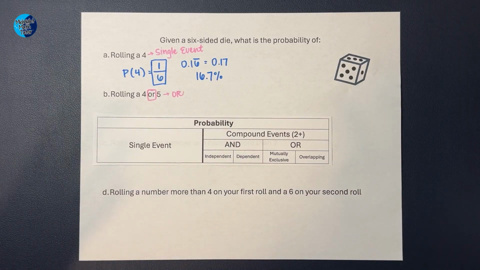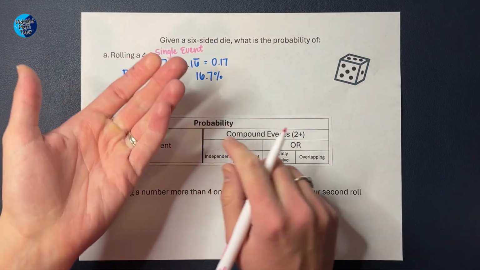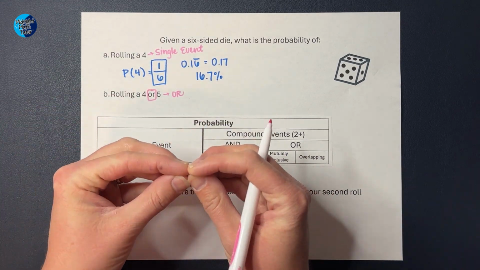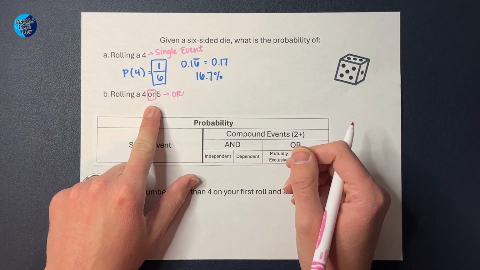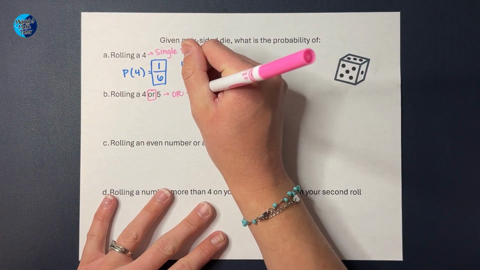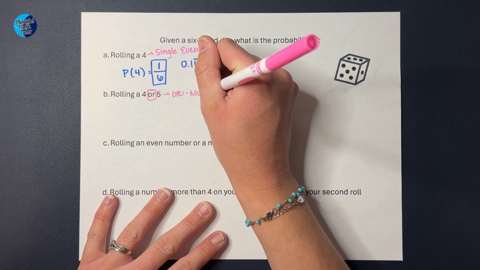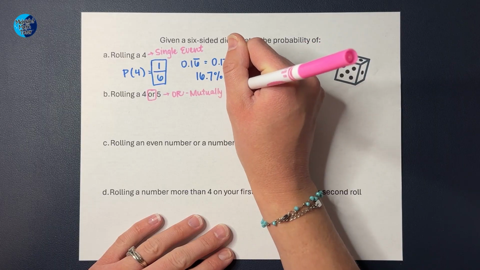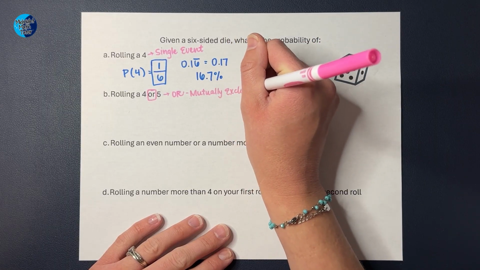So in order to tell, I just need to ask myself, could I roll the die and get a 4 and a 5 rolling the dice once? I can't, right? So that means that this is mutually exclusive. If that felt confusing, on C, we're going to do an overlapping one, which should hopefully help clear up any confusion.